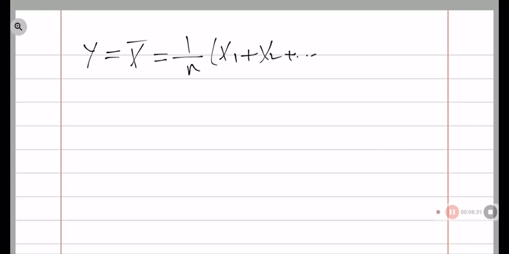Now we are going to find the moment generating function of Y. Before that, we should just say Y is equal to X bar. Then we can write X bar as 1 over n times (X1 plus X2 plus up to Xn), and all these X's are independent.